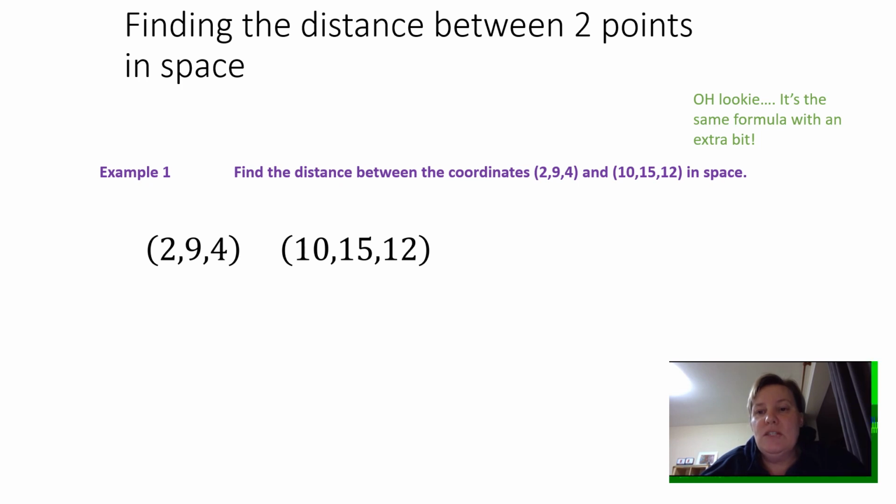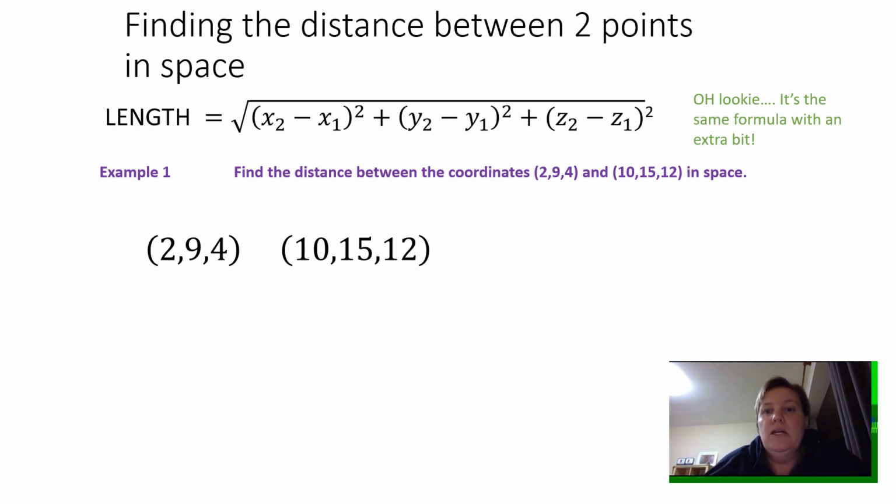Now here's the interesting one. Now we're going to find it for 2 points in space. So you'll see my coordinates now have 3 parts. They have an x, a y, and a z. So if you have a look at this equation, can you see there's the bit we know already. Here's the unfamiliar bit. It's got a z part because it's saying, all right, backwards and forwards, where are we sitting?